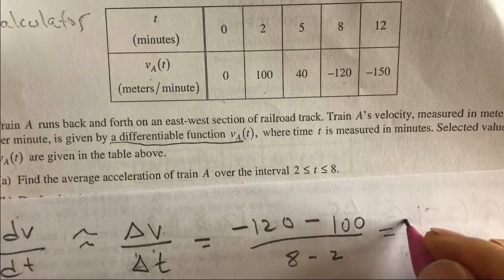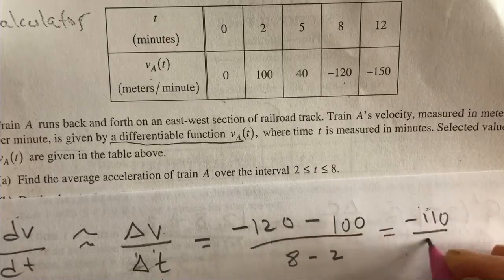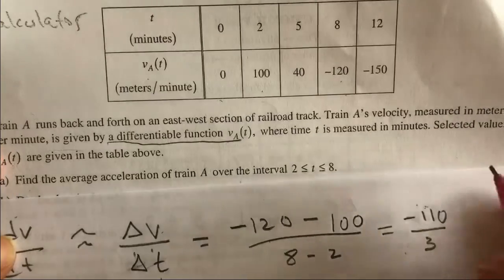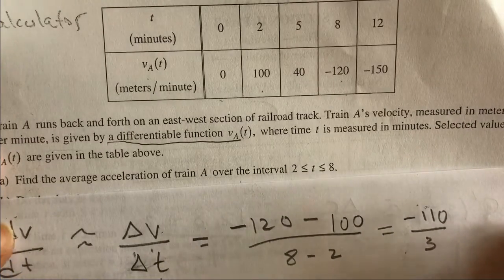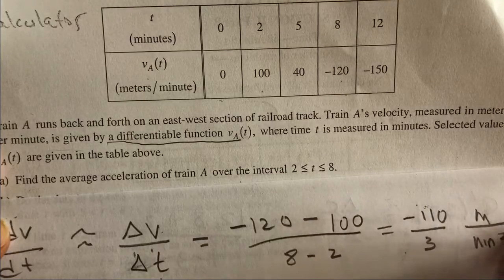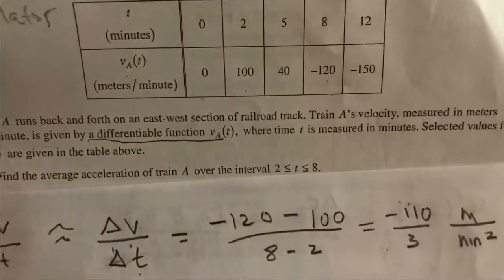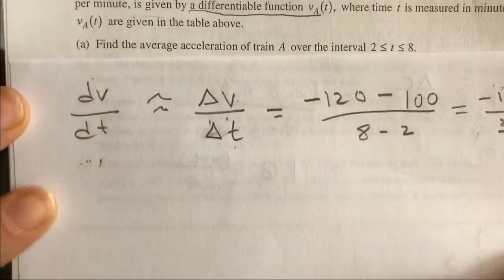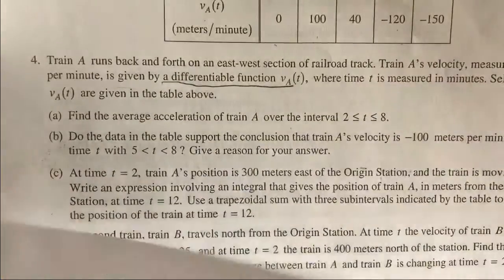That turns out to be negative 110 over 3. The units would be the units of velocity, meters per minute, over the units of time, minutes. So meters per minute squared. All right. Looking on to B.